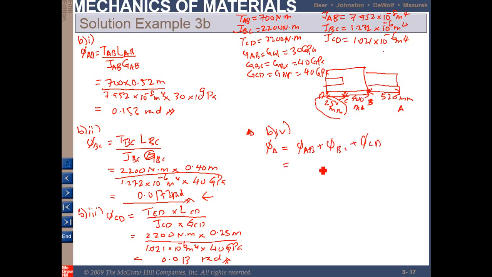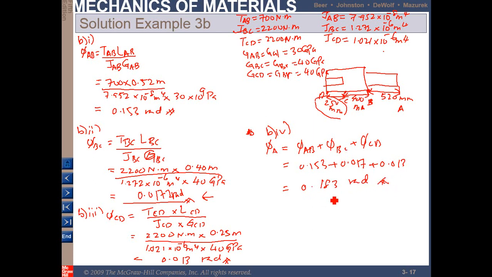So you will get 0.153 plus 0.0172 plus 0.013. So it is equal to 0.183 radian.